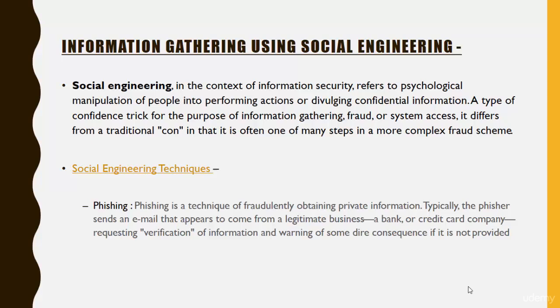So if somebody asks you what social engineering is, you can tell them it is just verbal manipulation. Like scam calls and scam emails, they are social engineering techniques used to gather your credit card details so they can extract money from your account.